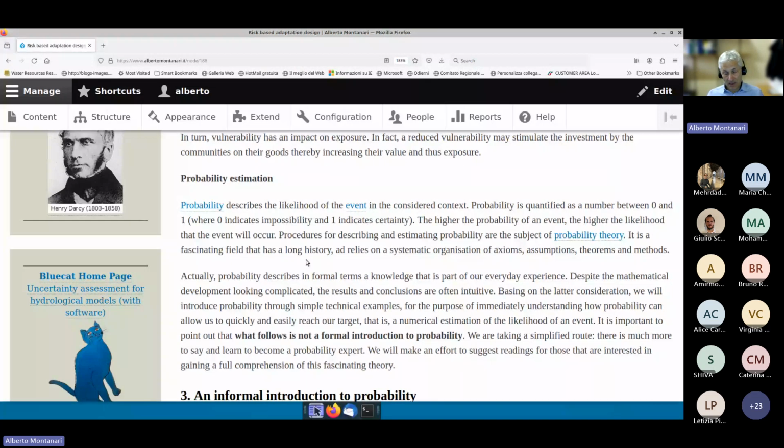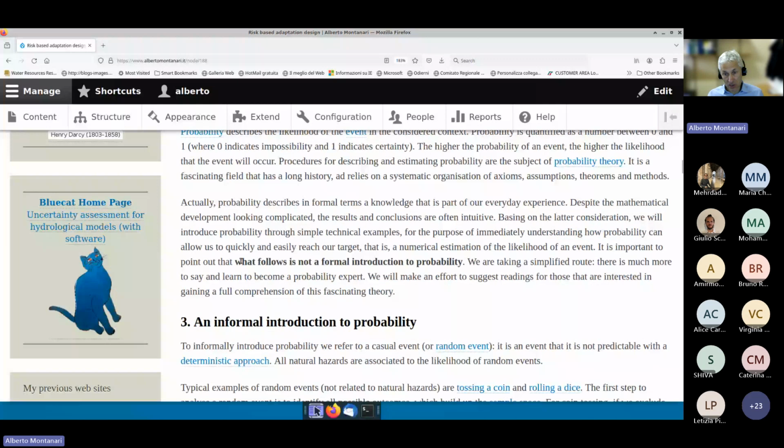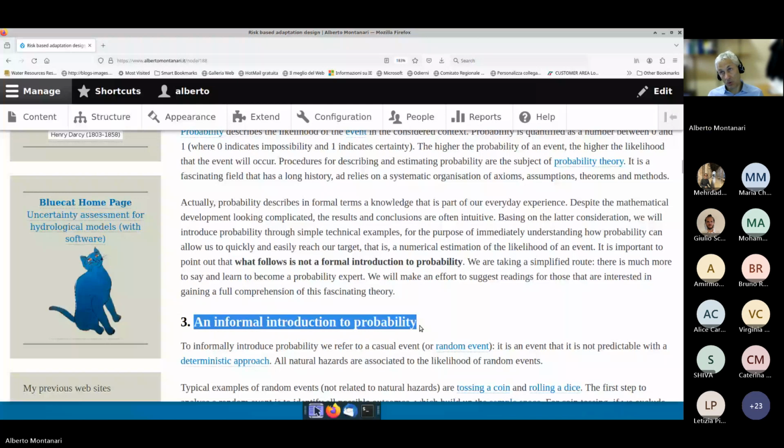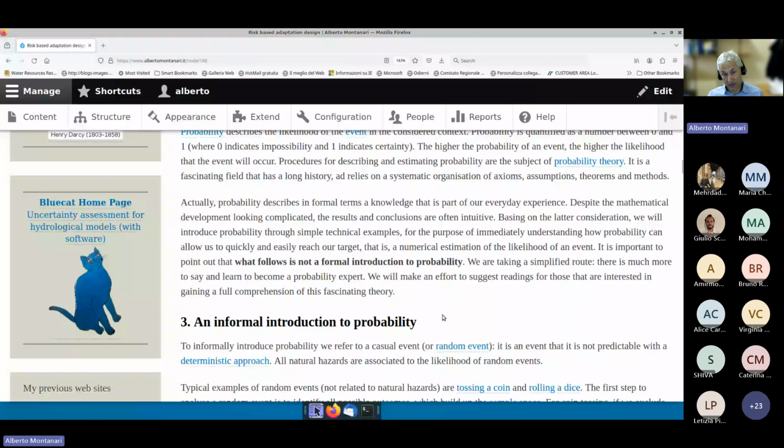So let's introduce what probability is in a quick way. What follows, look at the selection on the screen, is not a formal introduction to probability. It's an informal introduction. Why informal? Because I want to give priority to clarity.